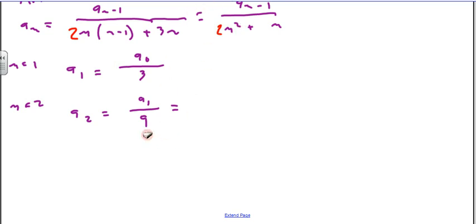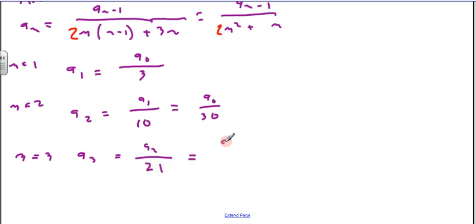I get a0 divided by 30. I look at n is equal to 3, and I get a3 is equal to a2 divided by 3 squared is 9, 18, 21. So I get a0 over 30 divided by 21, which is a0 over 630.